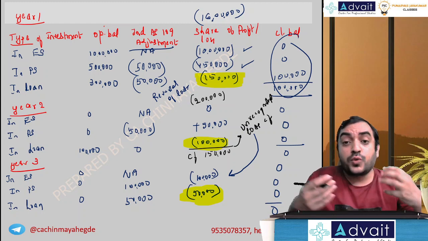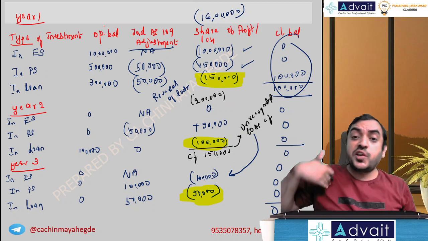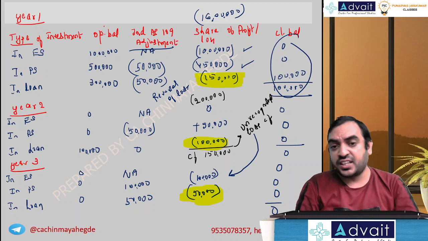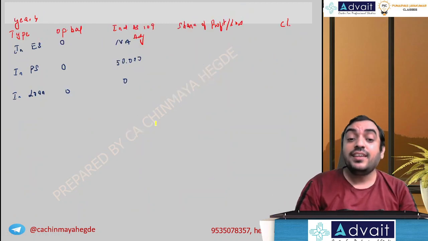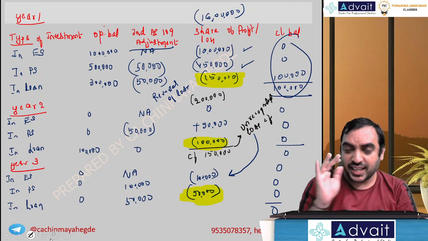So total, what was the loss which the loan took? Adjusted against the carrying amount of the loan: 1,50,000 loss, 1,00,000 loss, 50,000 loss. Therefore, that amount against the loan becomes 3 lakh. Got it? 1,50,000 plus 1 lakh plus 50,000.